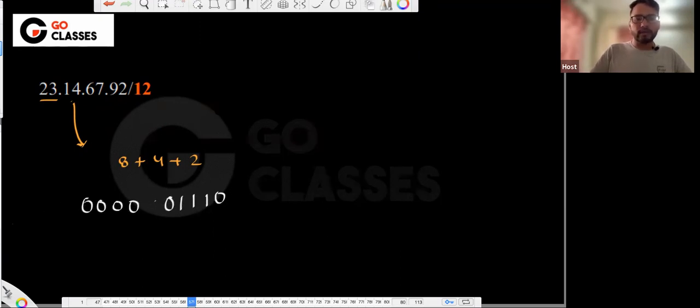So 1, 1, 1, 0. This is 14, and then 23 dot this, and then I'm writing these bits you can change. So basically you can change after the 12, so 8 and then these 4.